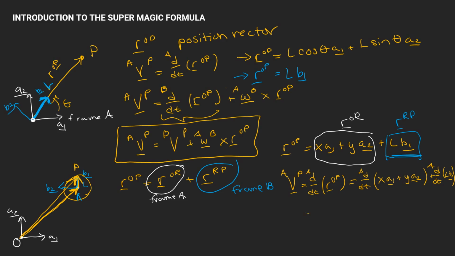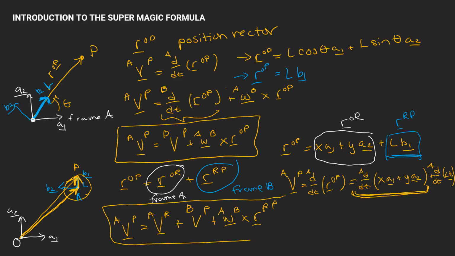And so to write this more generally, what we did was we took the velocity, so the velocity of point P in frame A is equal to the velocity of point R in frame A, so this chunk here, plus the velocity of point P in frame B, and then again you have your plus the cross product of the angular velocity of frame B in frame A with our position vector RP.